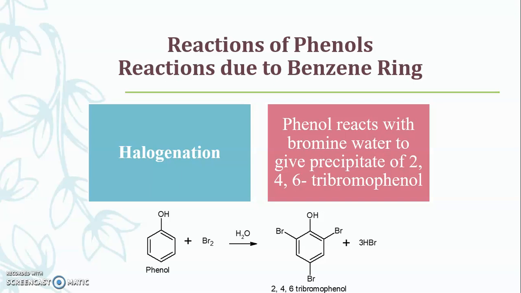So this is the first halogenation reaction, where halogenation is nothing but the addition of the halogen. So phenol on reaction with the bromine water will be converted into 2,4,6 tribromophenol. So a tri substituted product is formed in this reaction. Instead, if we use benzene, we know that we get the mono substituted product. So that is the difference between the reactivity of benzene and the reactivity of the phenol.